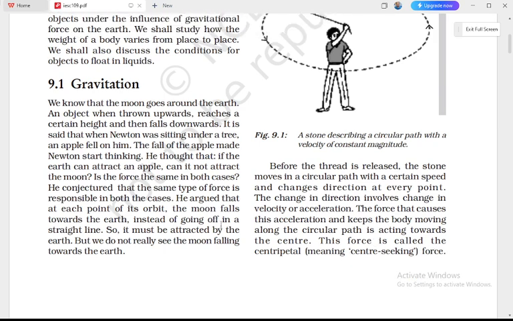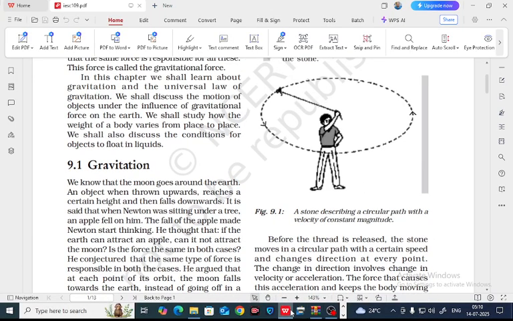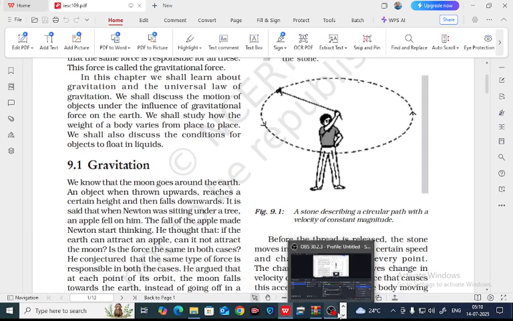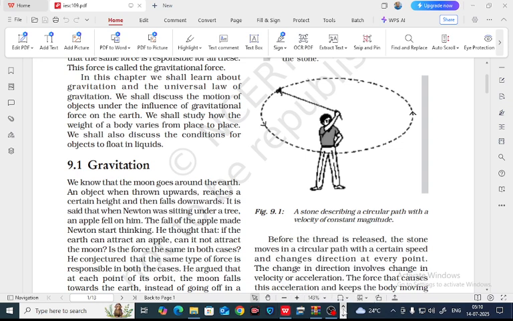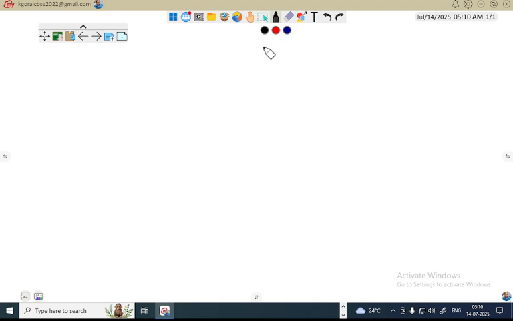Let us understand this. Actually, what happens in the case of circular motion? Suppose this is a circle.